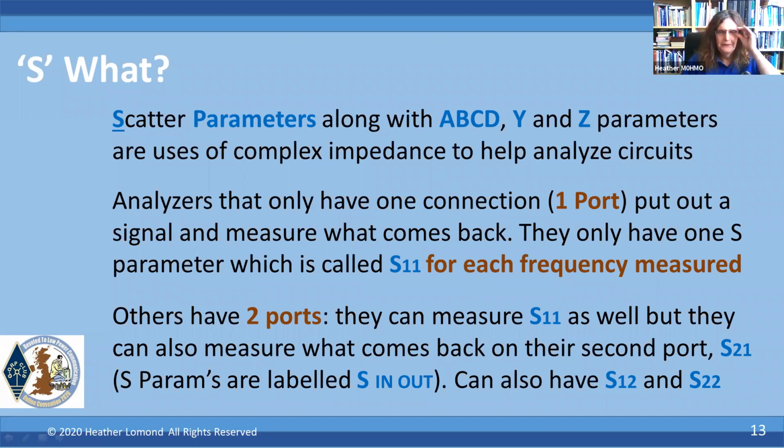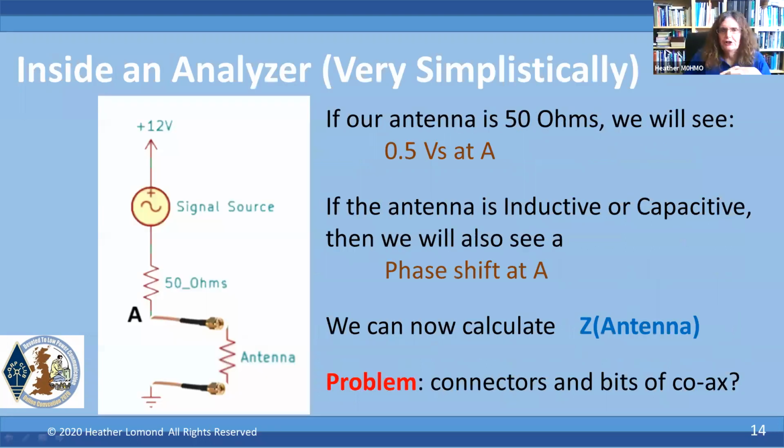So a little bit of a look about the problems we have with analyzers and what we need to do with them. This is a very, very simplistic view of how an antenna analyzer works. You have your port, which is at A. You put a signal in through a reference 50 ohms, and then you put it out of your device through the antenna and back into your device for ground.